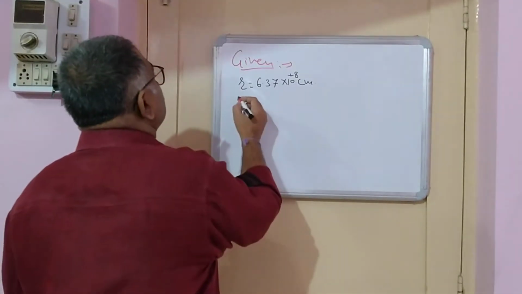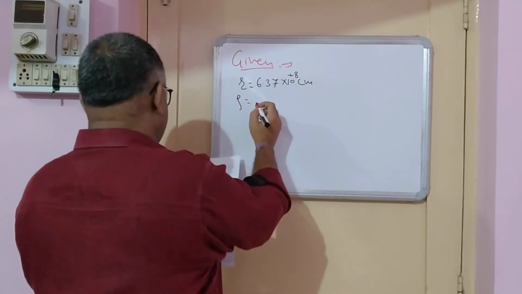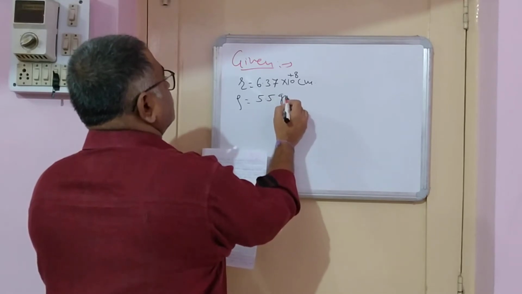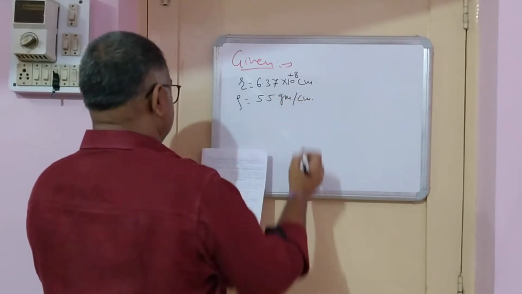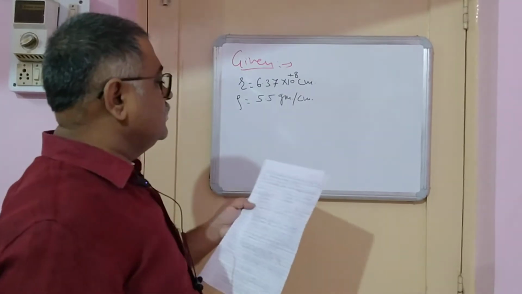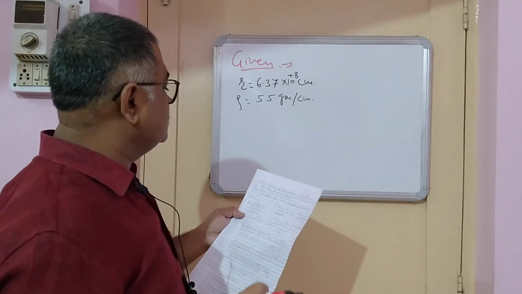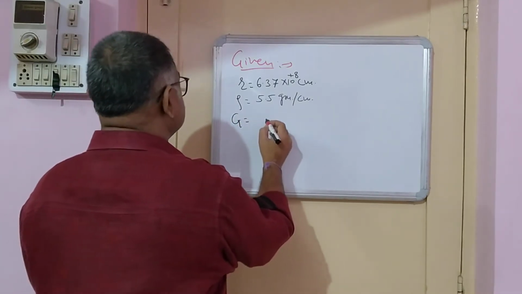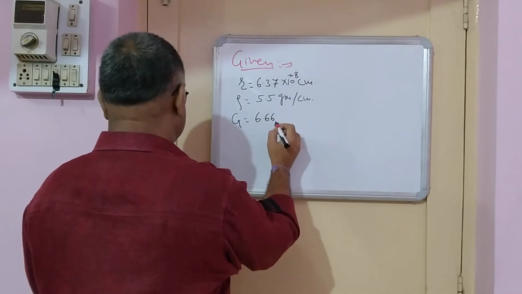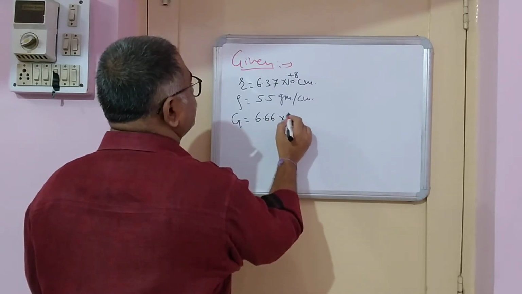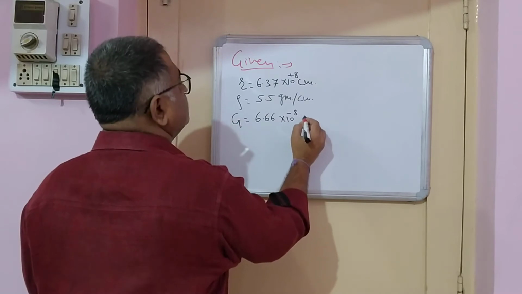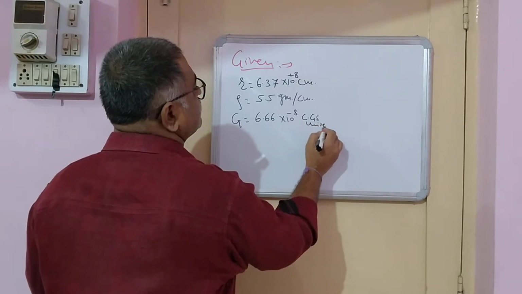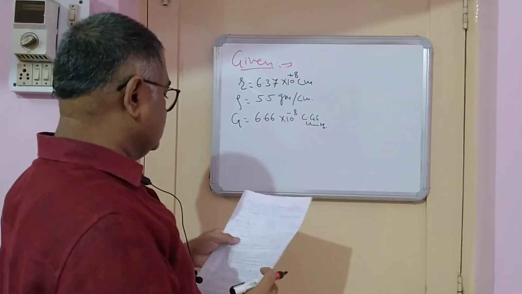That means we have to write rho, 5.5 into gram per cc, and the gravitational constant is G, and this G is nothing but 6.66 into 10 raised to minus 8 in CGS units.